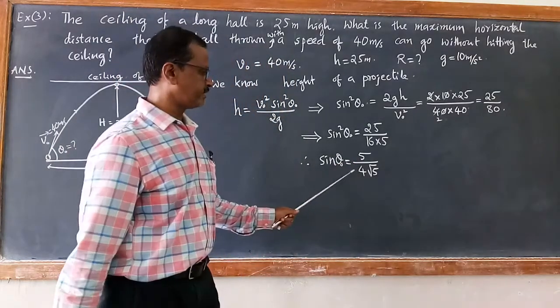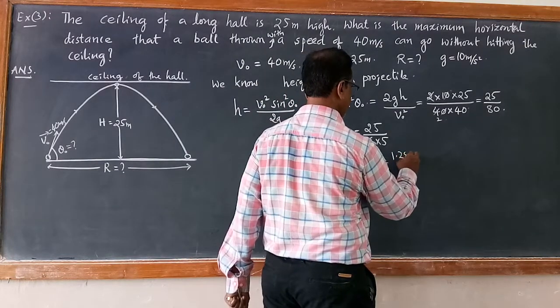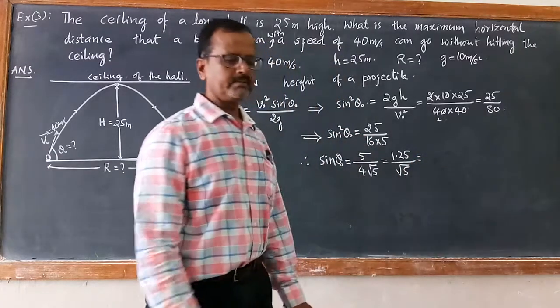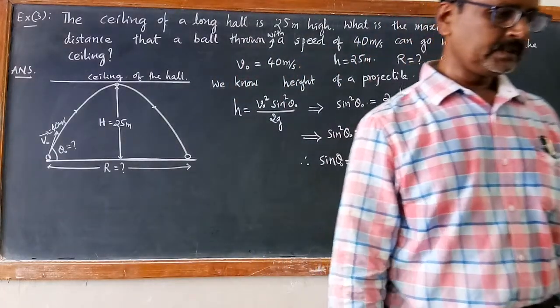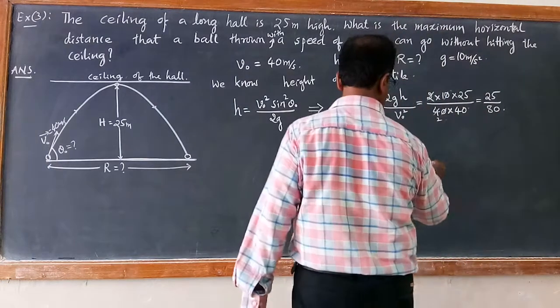If you find this exactly, 5 by 4 becomes 1.25 divided by root 5, so you will be able to get the decimal value. The decimal value is 0.56.